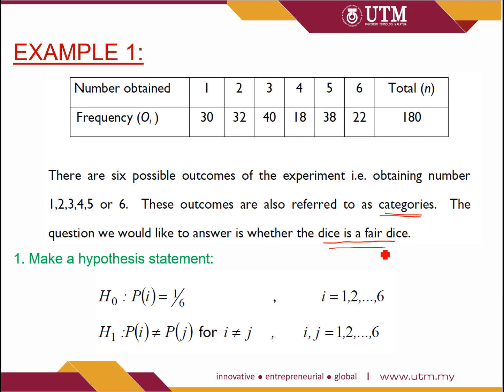Remember, we would like to test whether the dice is a fair dice. For the dice to be fair, the probability of every category from number 1 to number 6 should be 1/6. For your hypothesis statement, you can write it like this, or you may also write it like this.